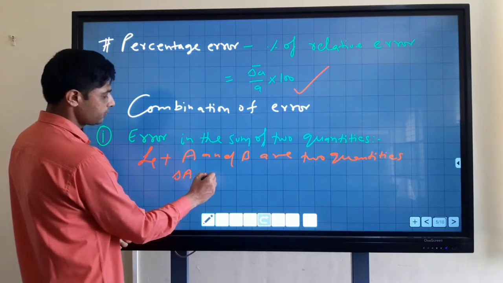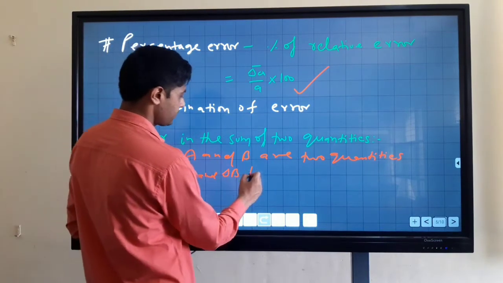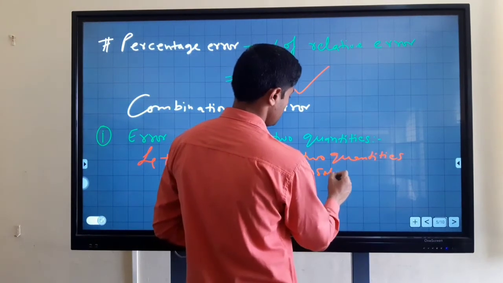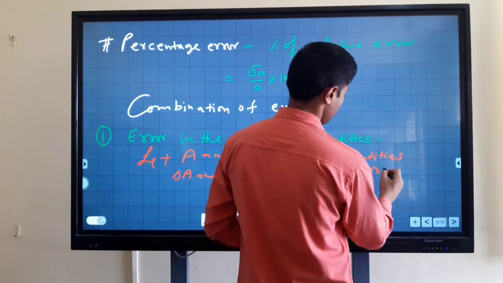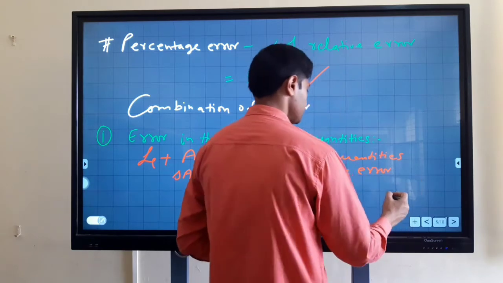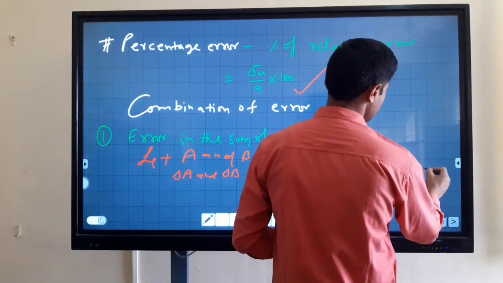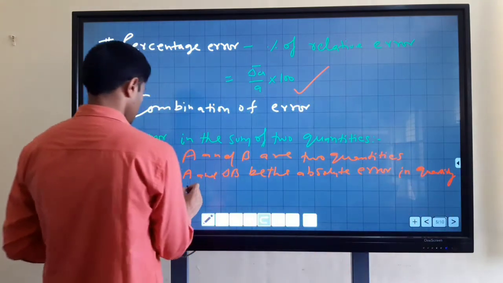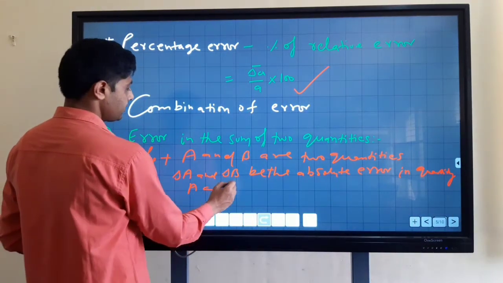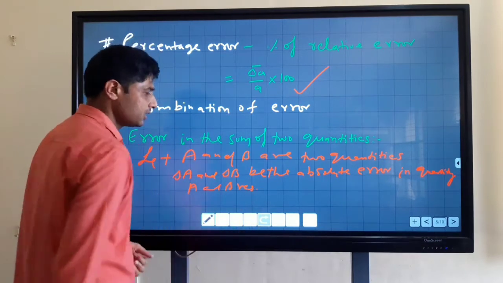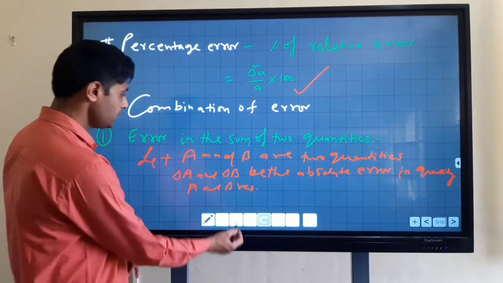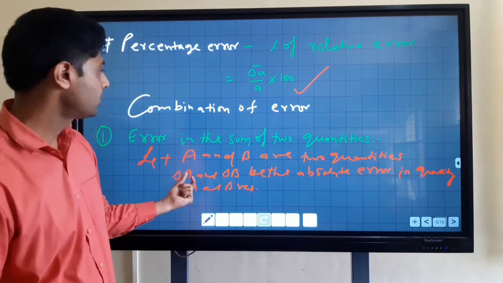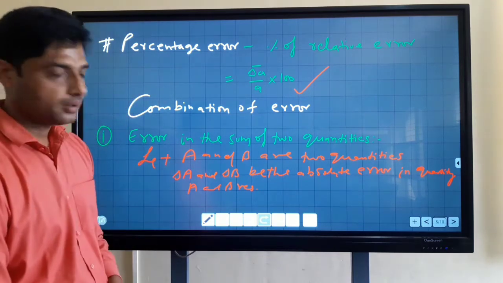Del A and del B be the absolute error in quantities A and B respectively. Okay, we have to find the sum of error.